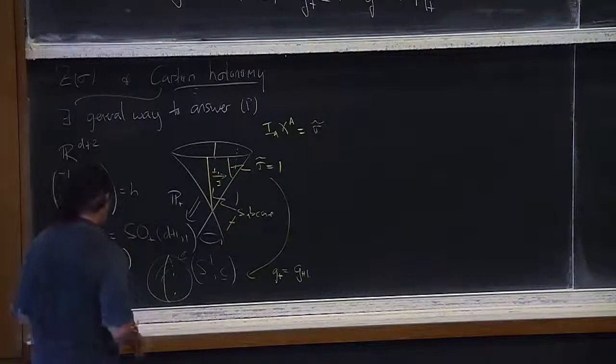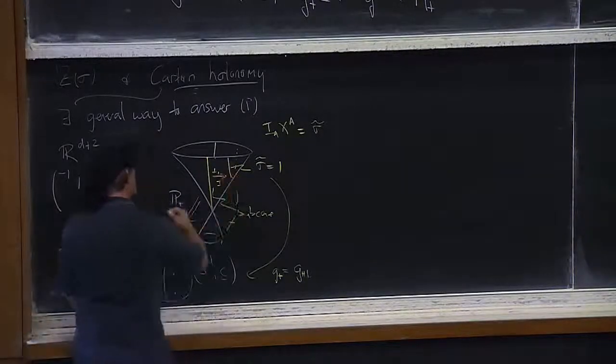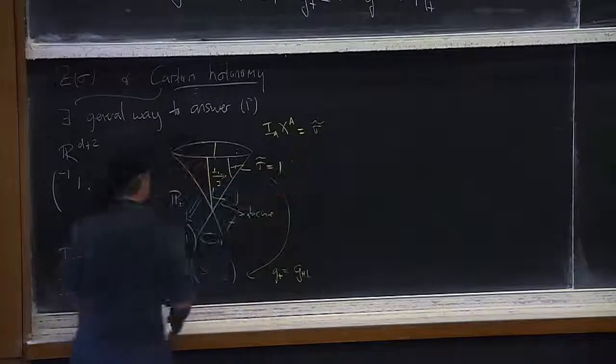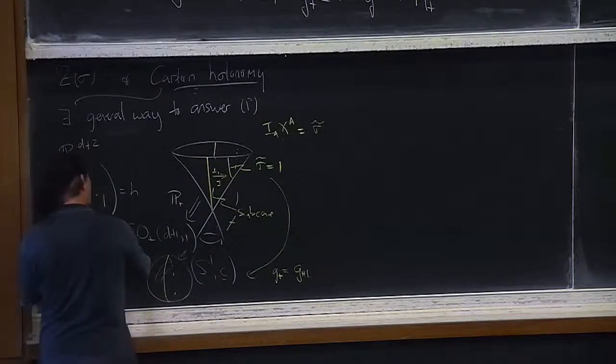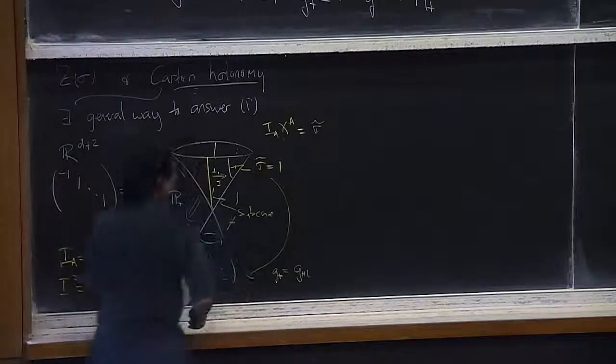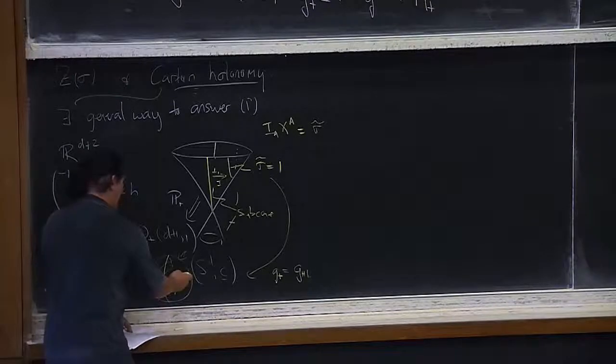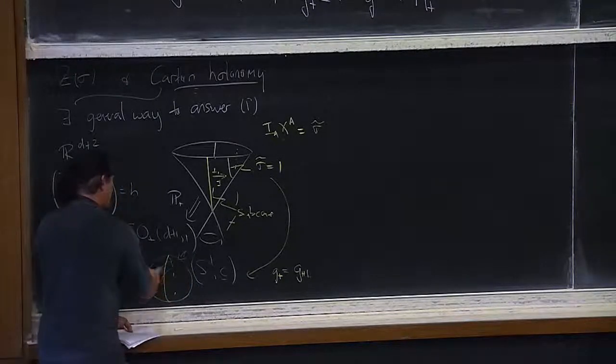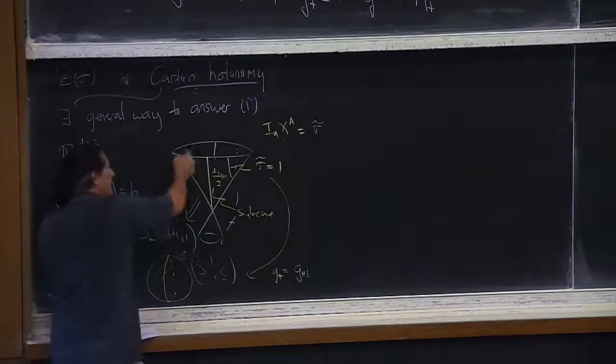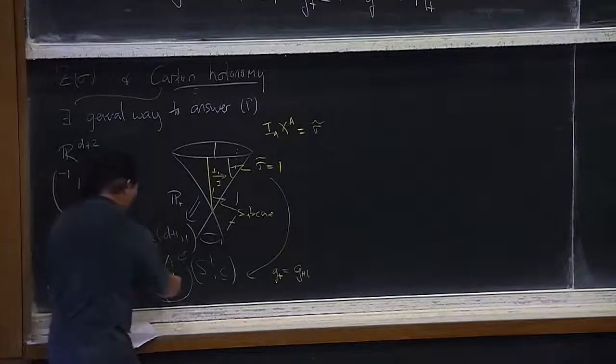So this distinguished vector here in R^(d+2), which gives us this distinguished linear polynomial, gives us a hyperbolic metric here and a conformal infinity. In fact, we could go to the other side and put the minus 1 section and we'd get a doubling, right?